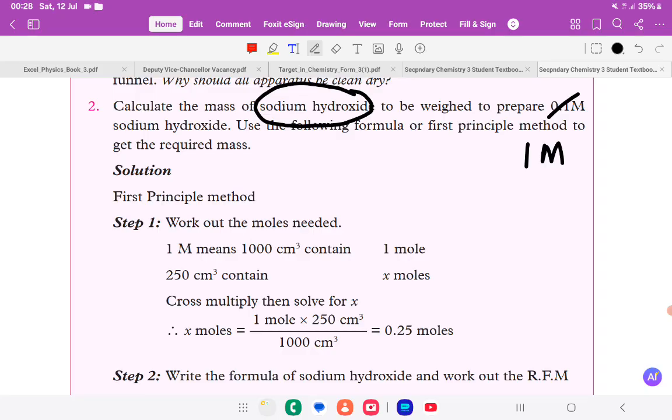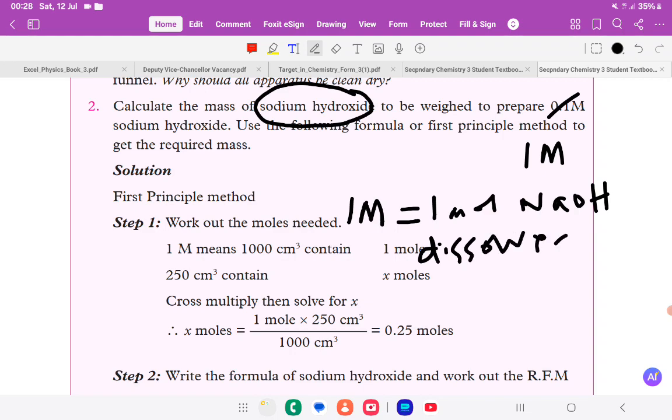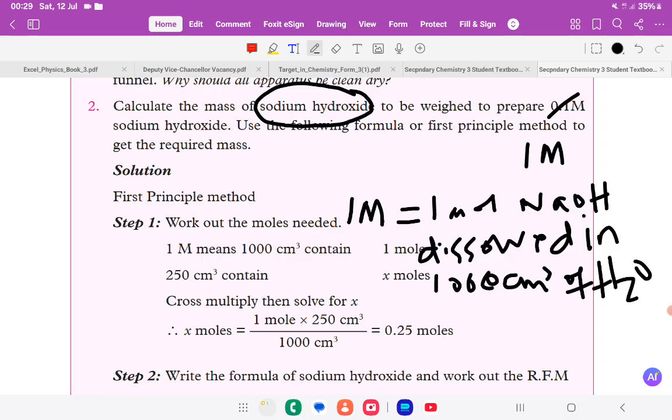Okay, so what does 1 molar mean? A 1 molar solution is one which is made by taking 1 mole of sodium hydroxide dissolved in 1 liter or 1000 cubic centimeters of water. That's what it means.